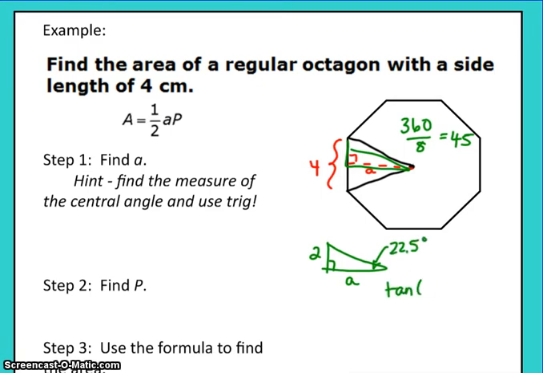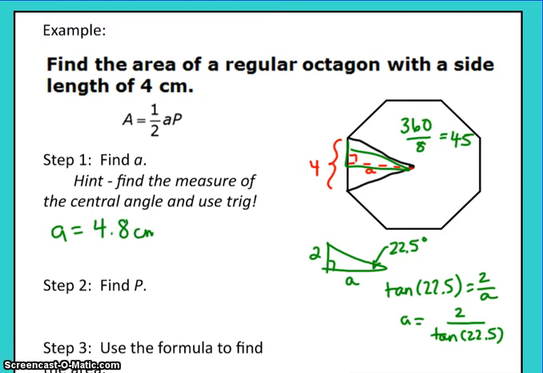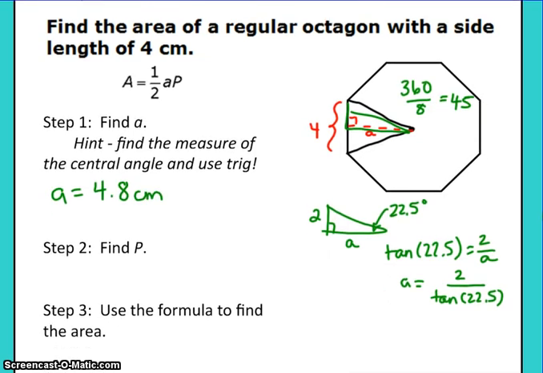So the tangent of 22.5 equals 2 over A. My apothem is equal to 2 divided by the tangent of 22.5. So typed into my calculator, the apothem should be 4.8 centimeters. Perimeter is pretty easy.